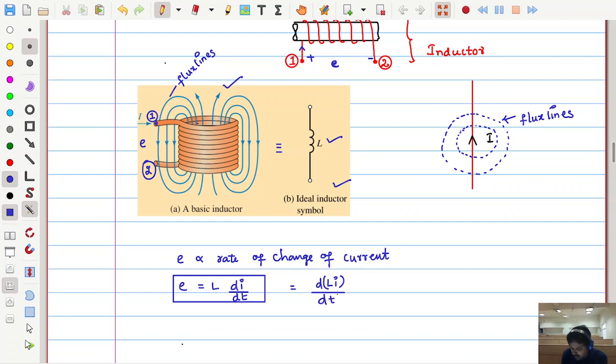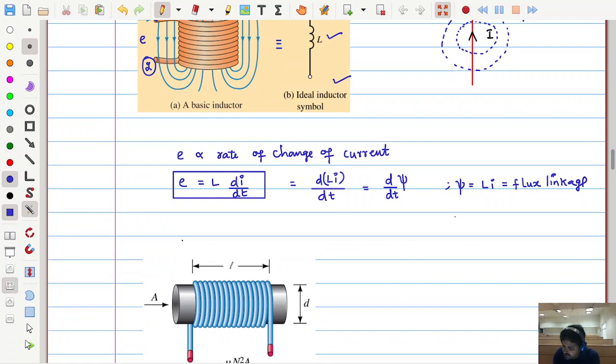So d by dt of Li. This Li can be referred to as the flux linkage psi, where psi represents Li, which we call the flux linkage. So more precisely we can define the inductance as L is equal to psi by I.